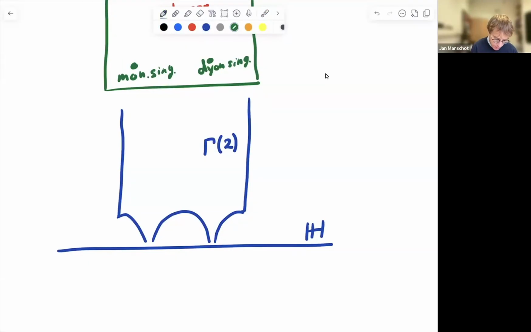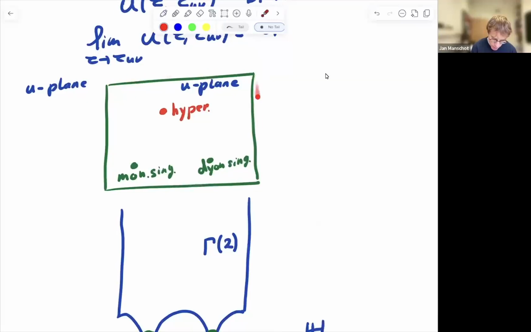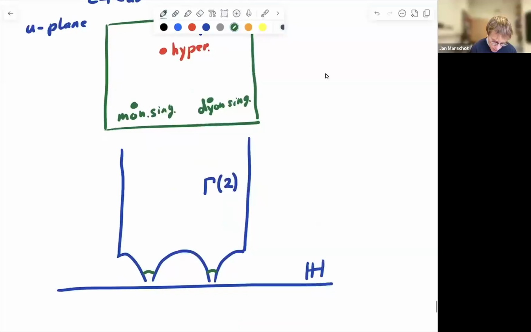So now we see we again have these strong coupling singularities here, which map to the monopole and the dyon singularity. And this boundary here at infinity is around tau UV. So you have a point tau UV with a boundary around it. That's the boundary here.